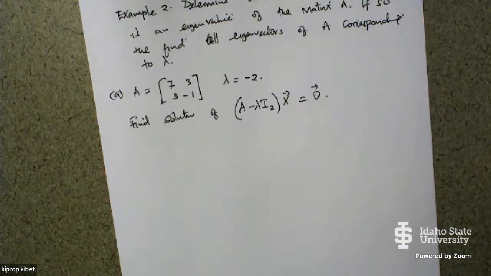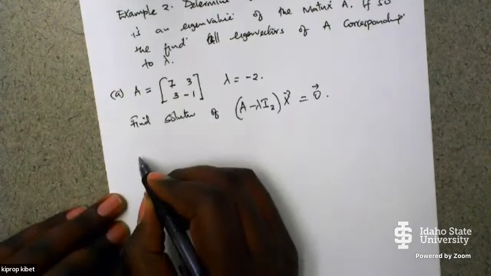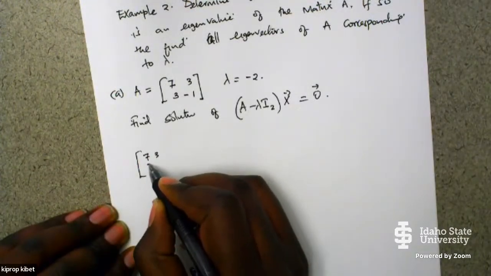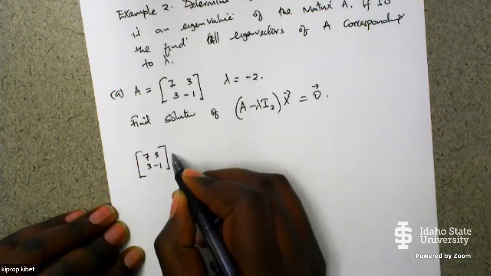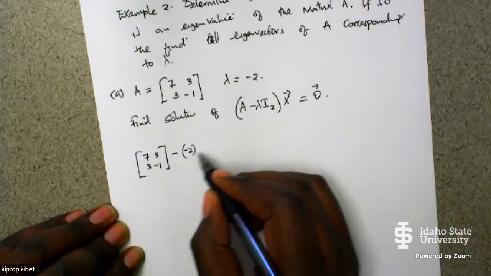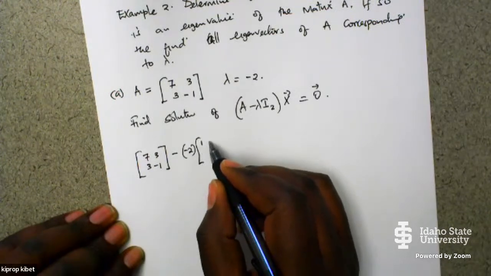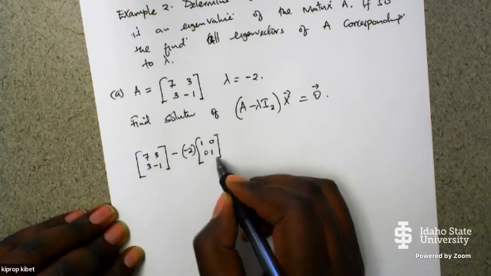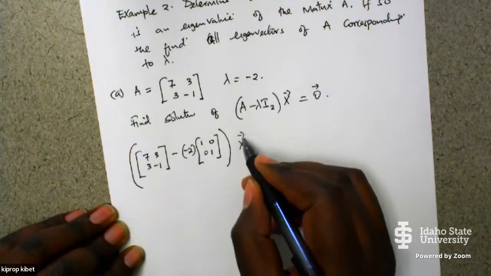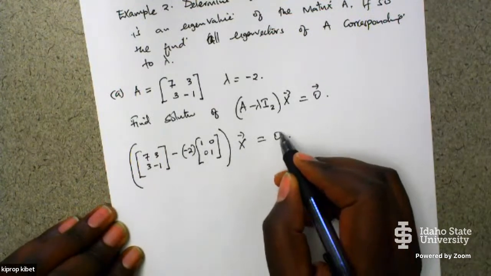So our A is 7, 3, 3, minus 1, and then minus lambda, in this case minus 2, times the identity 1, 0, 0, 1. And then all this we multiply by x equals 0.